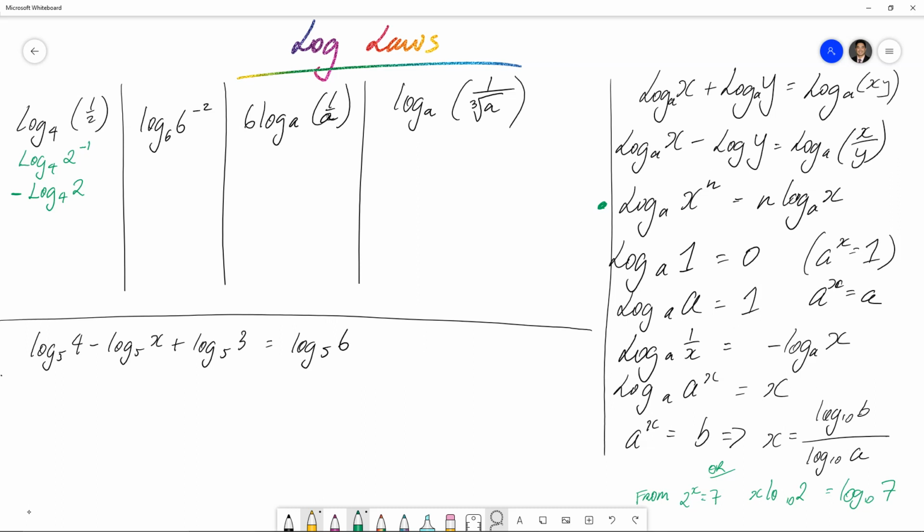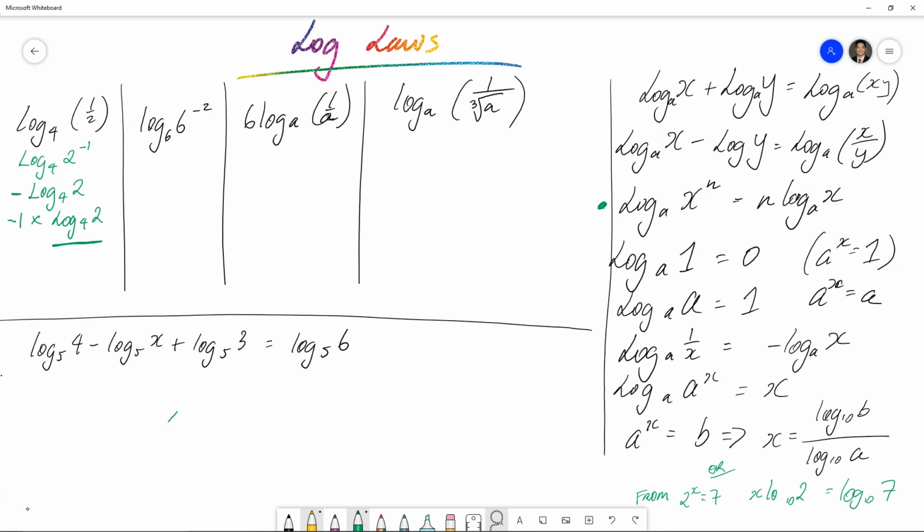Now, this is going to be the same as minus 1 times log base 4 of 2. And if we think about this term here, firstly, 4 to the power of what gives you 2?